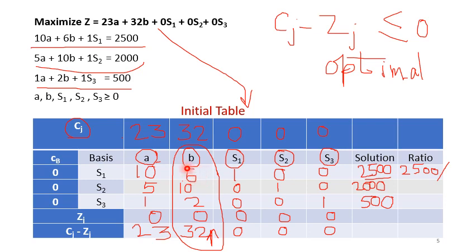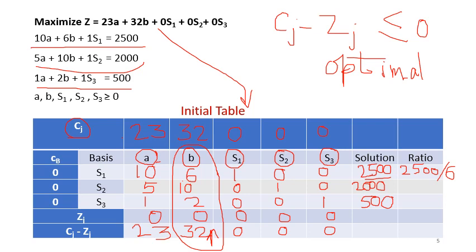In this first row, the key column element is 6, so 2500 divided by 6.